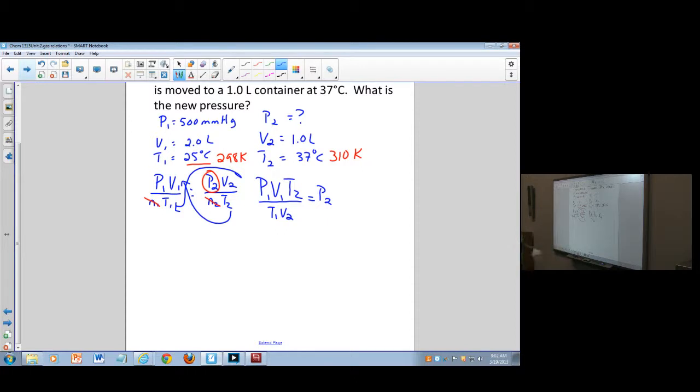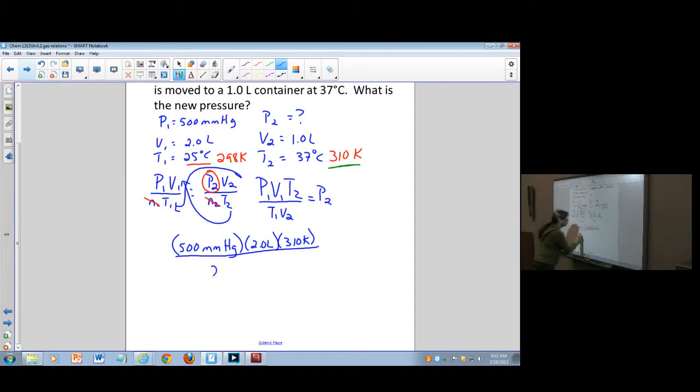All right, so now let's input our values. We know that P1 is 500 millimeters of mercury. We know that V1 is 2 liters. And we know that T2, way over here, is 310 Kelvin. We're going to divide that now by T1.